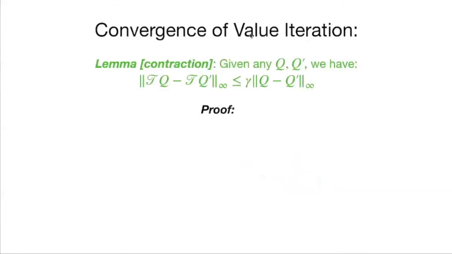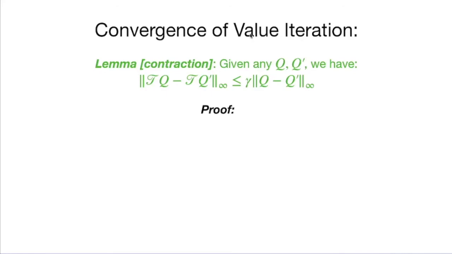Okay, great. As I mentioned, all we need to do is prove that this abstracted operator T is a contraction map, meaning that I look at two inputs, Q and Q prime, and I apply T on them respectively.